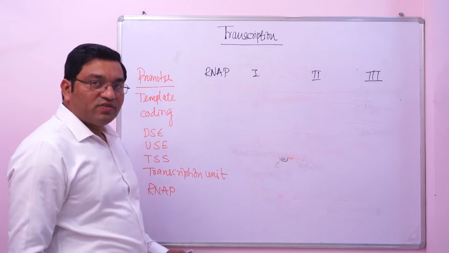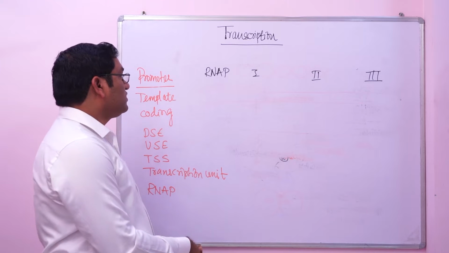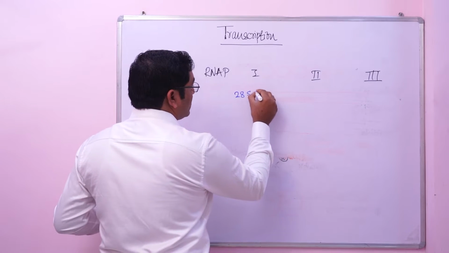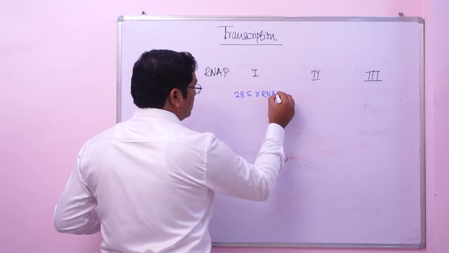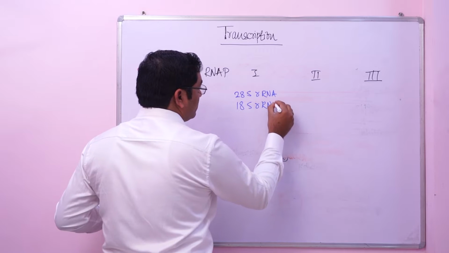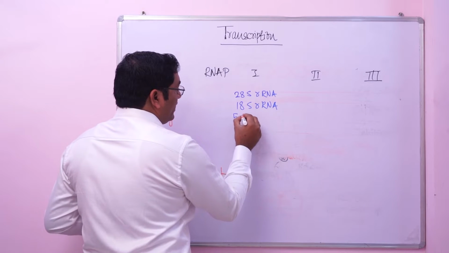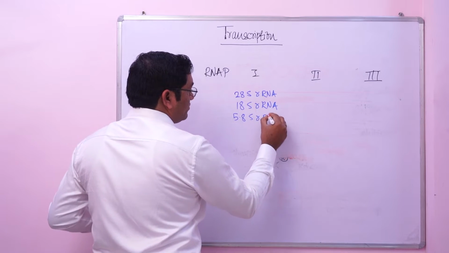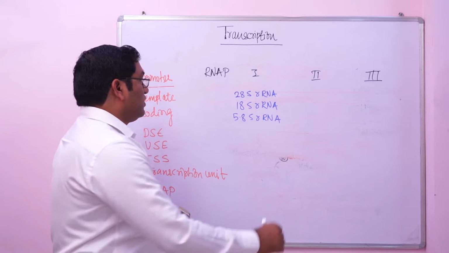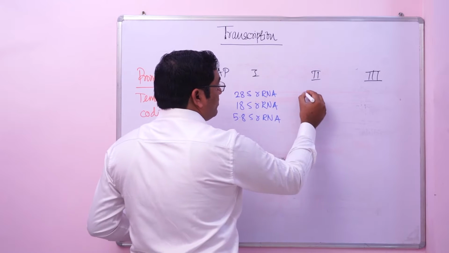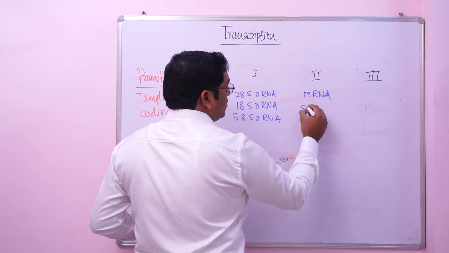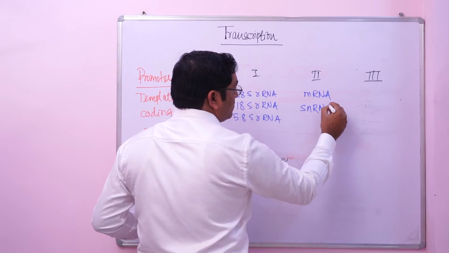Now RNA polymerase 1 is important in the synthesis of 28S ribosomal RNA, then 18S ribosomal RNA and 5.8S ribosomal RNA in eukaryotes. RNA polymerase 2 is important in the synthesis of mRNA and small nuclear RNAs.